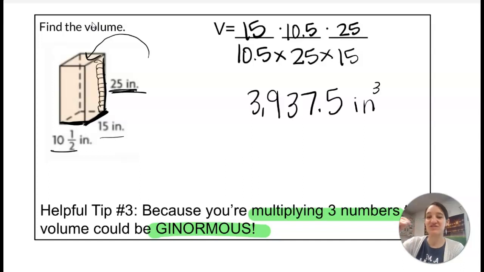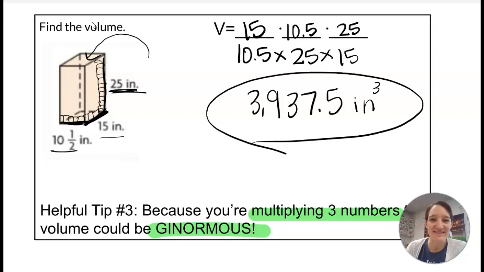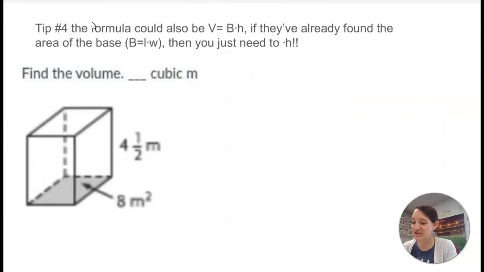Because it's 25 inches tall. We're going to have 15 cubes across, and 10 cubes going this direction. So that's going to be a lot of cubes that's going to fit inside. That's why I'm not surprised that it's 3,937.5 inches cubed, okay?